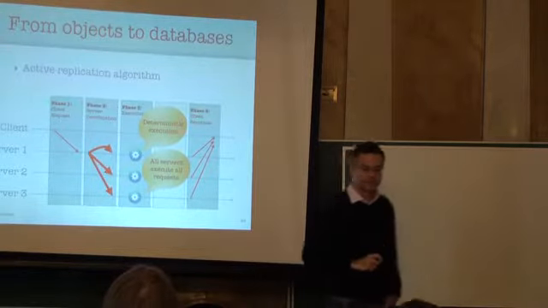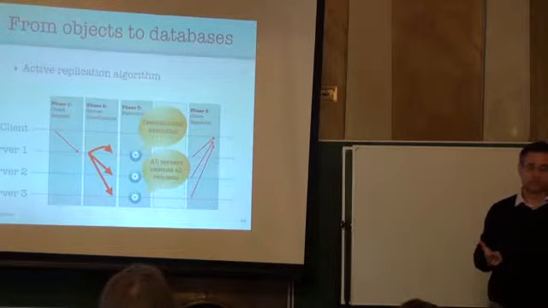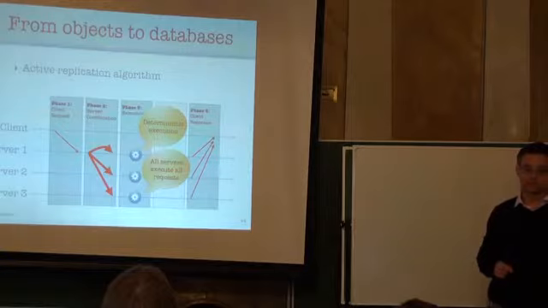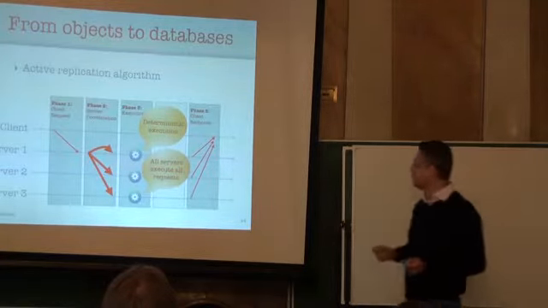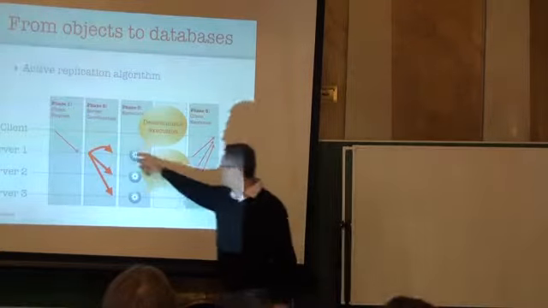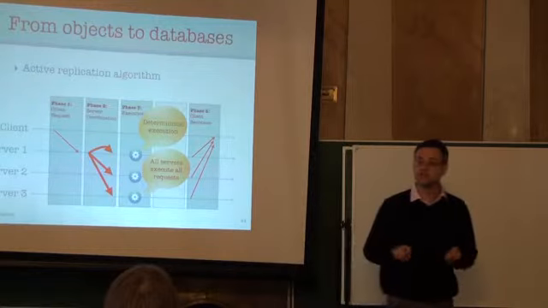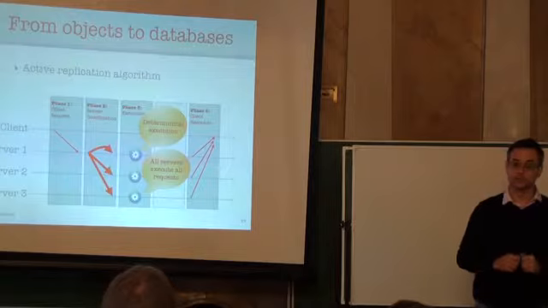Once again, this atomic broadcast is going to give me two things. Agreement: if one server delivers the message, all the other servers are going to deliver the message. And total order: for any two messages that are broadcast, the receivers are going to deliver the messages in the same order. It turns out that this is enough to get linearizability in a weaker failure model than the one we saw before.